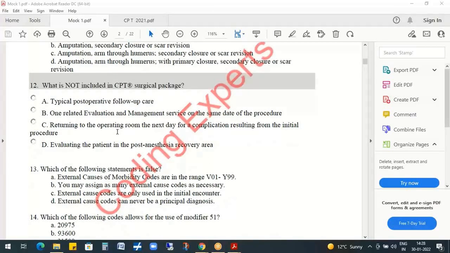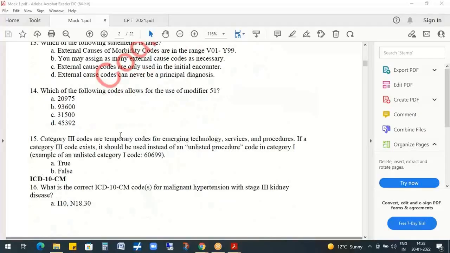Sir, can you please explain the 15th question? If you are searching for any code that you are not finding in category 1, and you find that code in category 3, we can code category 3. Those are emerging technology codes, meaning new technology codes.